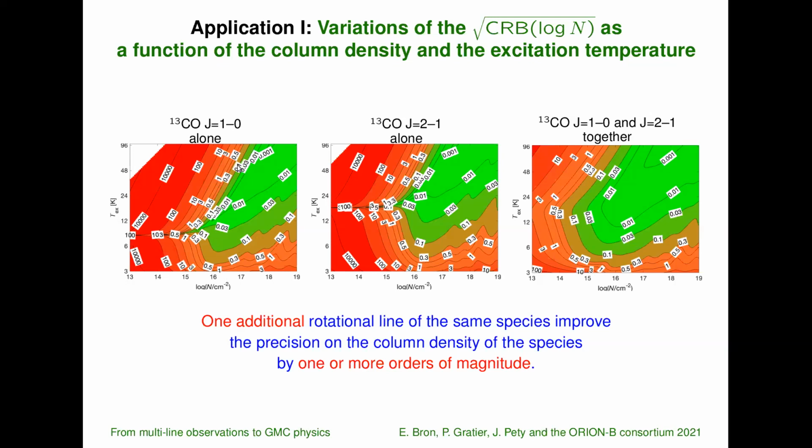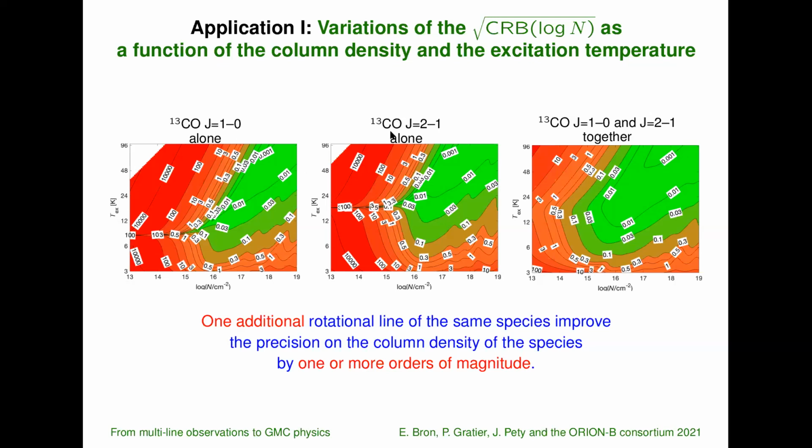So here we are putting in brown and green those regions. The reason I'm showing three different images is that in the first image, I'm showing the precision we can get when interpreting one rotational transition alone, the 13CO J equals 1 to 0 transition.